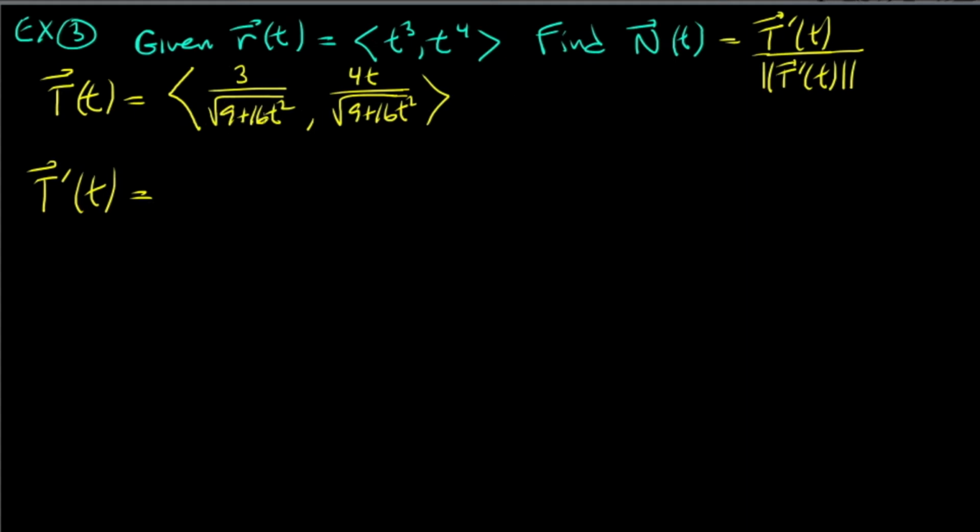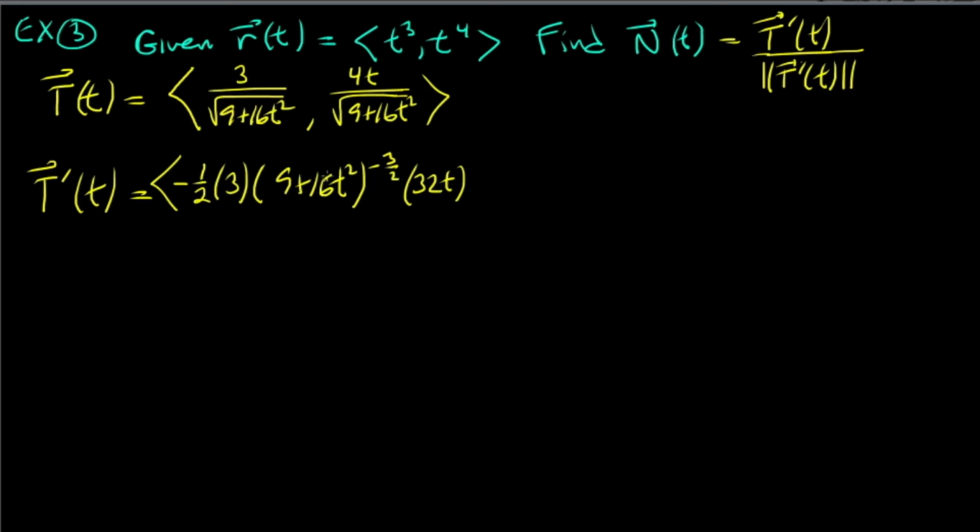If you think of this as 9 plus 16t squared to the negative 1/2, then for the derivative you get negative 1/2 times 3 times 9 plus 16t squared to the negative 3/2. And then by the chain rule, the derivative of 16t squared is 32t. And that's the first component, unless I'm missing something.